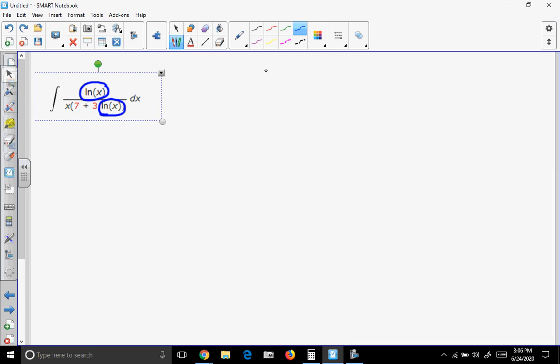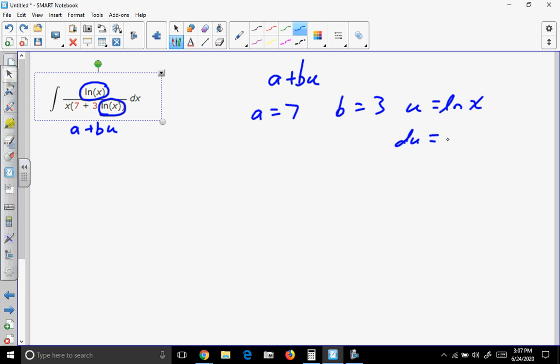Could it be in the form something a plus bu? If this is a plus bu, a is 7, b is 3, u is natural log. If u is natural log, du is the derivative of that, which is 1 over x dx.